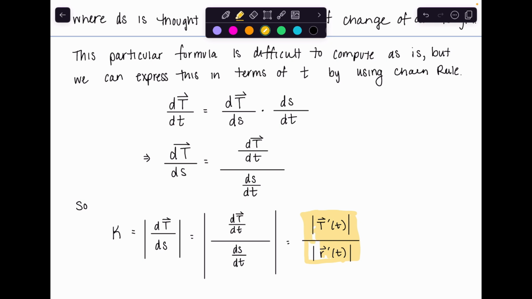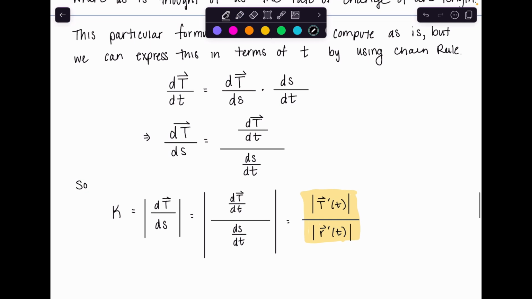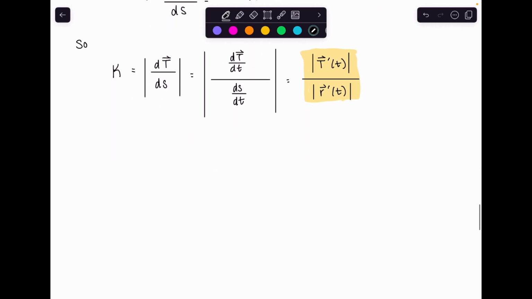Okay. So let's try an example of this so it'll hopefully make a little bit more sense. We're going to work with a nice shape.